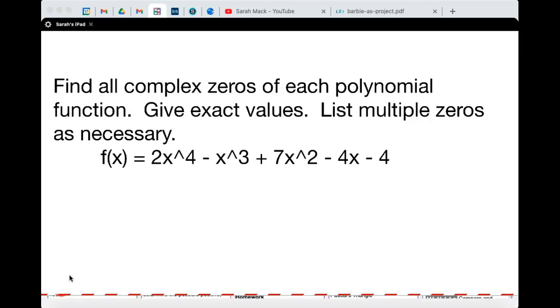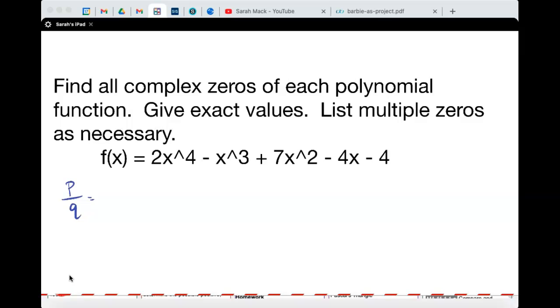I'm looking at the polynomial. If I apply Descartes' rule of signs, I have 1, 2, 3 different sign changes. So I know I have either 3 positive real zeros, or 1 positive real zero. If I did the p over q thing, just to start us off, what's my p value?